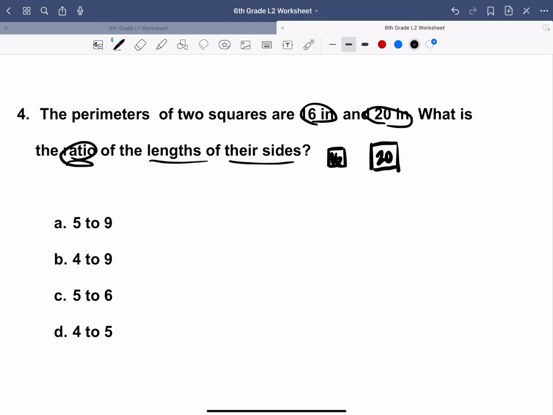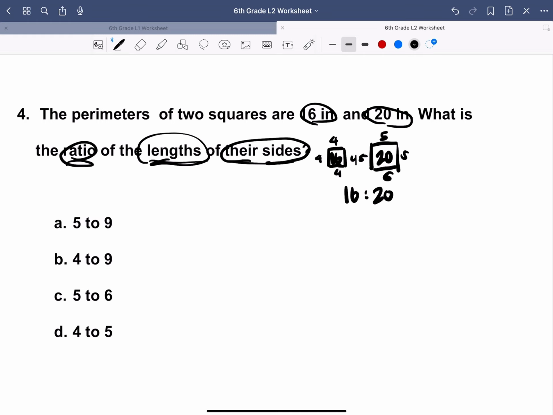All right, so we can actually put this in a ratio. But in order to get 16 as our perimeter, we need to have 4, 4, 4, 4. And for 20, we need to have 5, 5, 5, and 5. Since it wants the lengths of their sides, we can see here that it is like this.